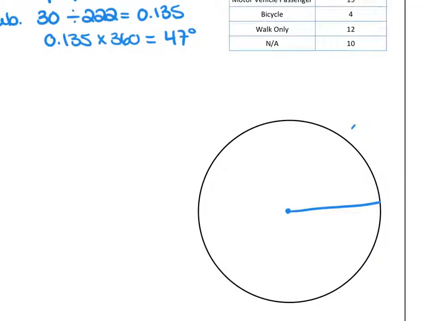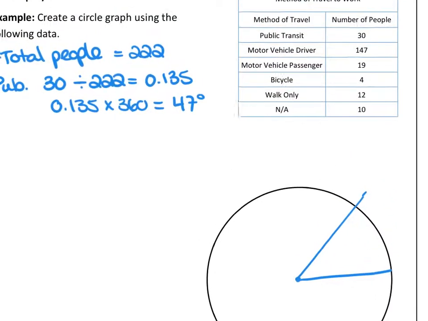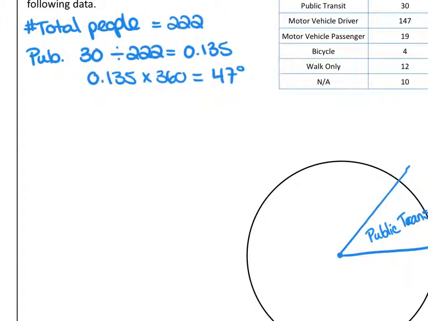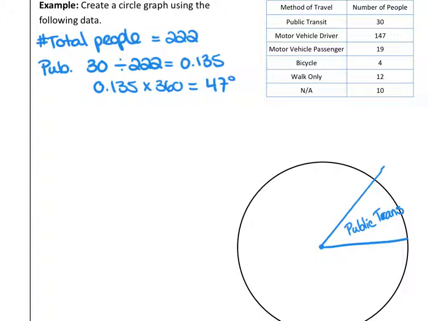And then I'm going to connect it like that. So I get a nice slice that's about 47 degrees. And this one's public transit. And then we'll keep going. So let's do the next one.